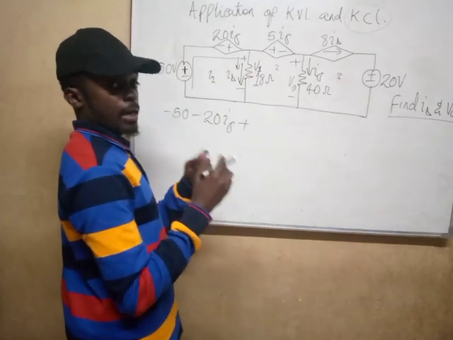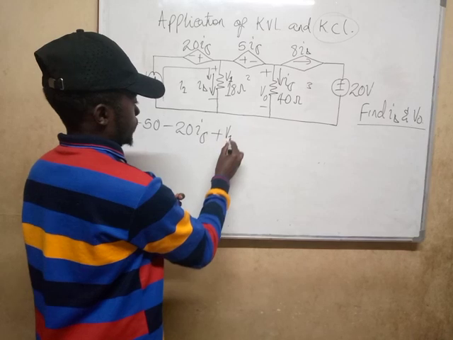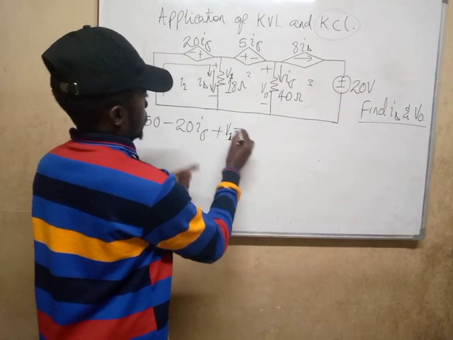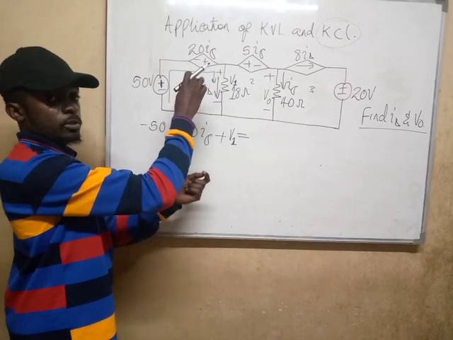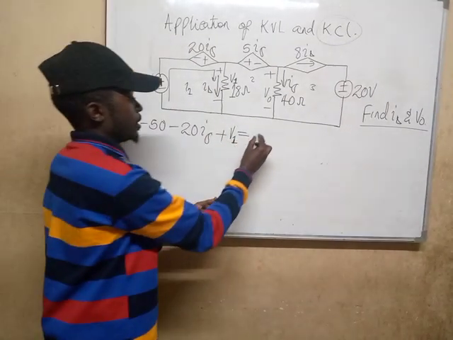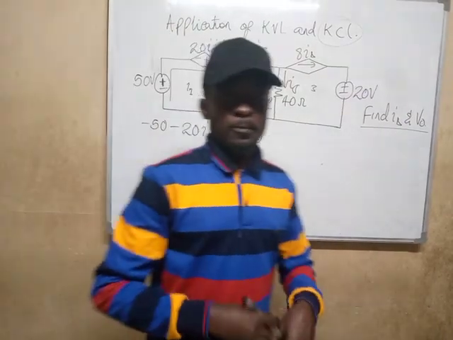Mind you, we are adding the voltages. I have added everything in this loop, so everything must be equal to 0, according to Kirchhoff's voltage law.